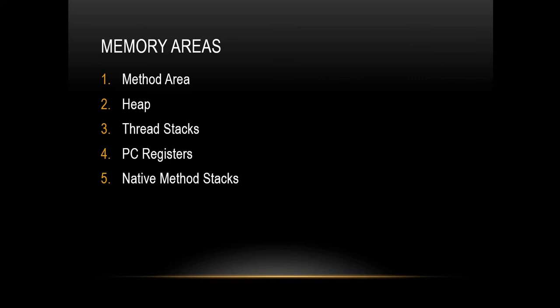One important thing I would like to mention here: suppose in your class you have written something like public static class B reference B equals new class B. Though it is static, the object of class B will be there in the heap, and the static reference which is there in your class A and is pointing to class B will be there in the method area.